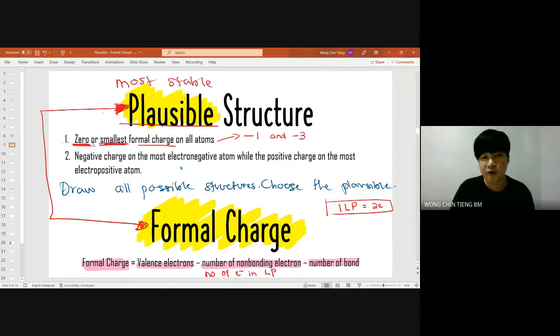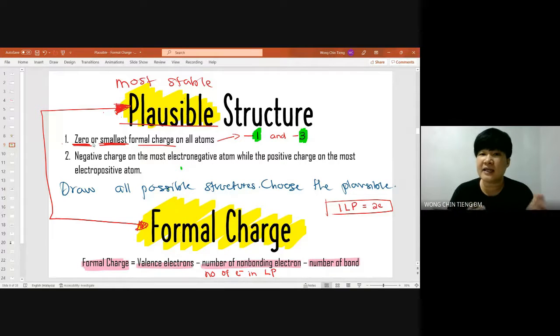When I say the smallest over here is the one that closest to 0, we are looking only at the number. I want to remind you again, we are not learning mathematics over here. All the positive and negative sign in chemistry represents something else. The negative charge in your formal charge represent your electron is being accepted or donated.